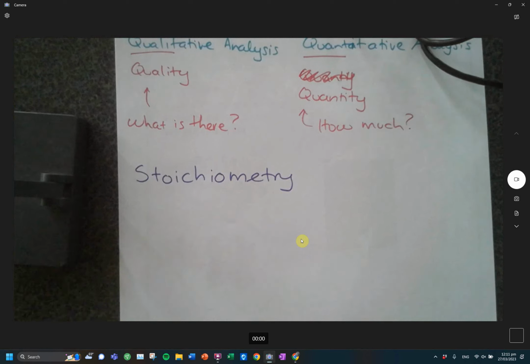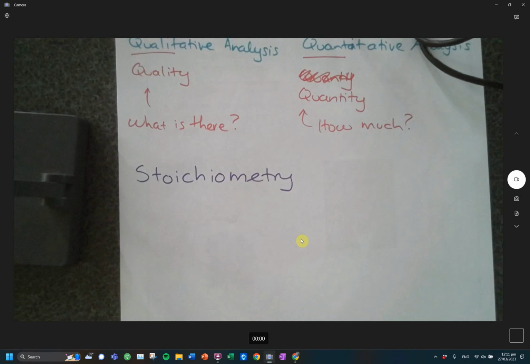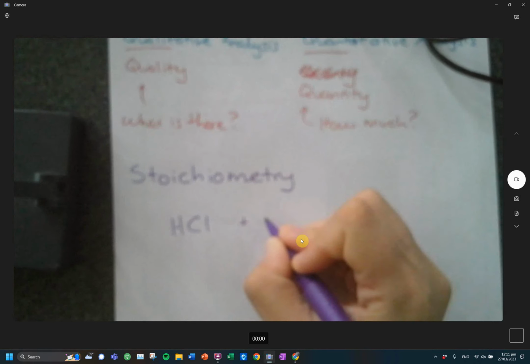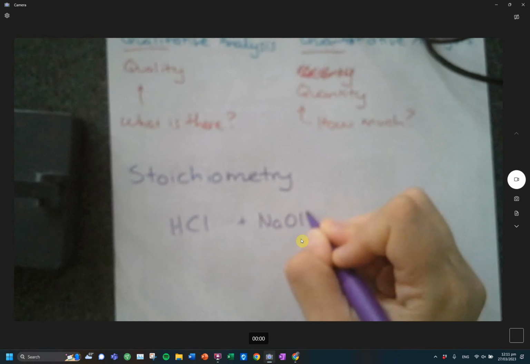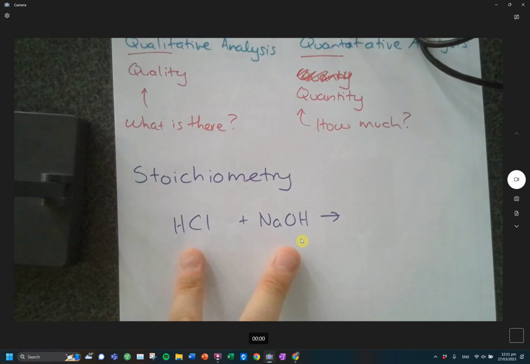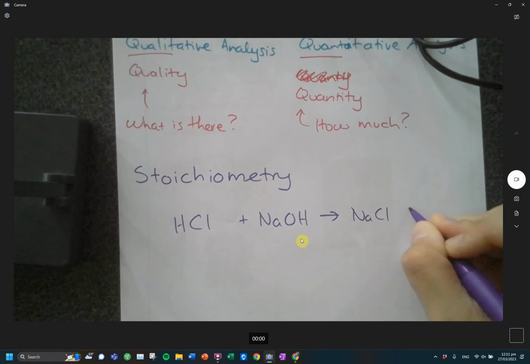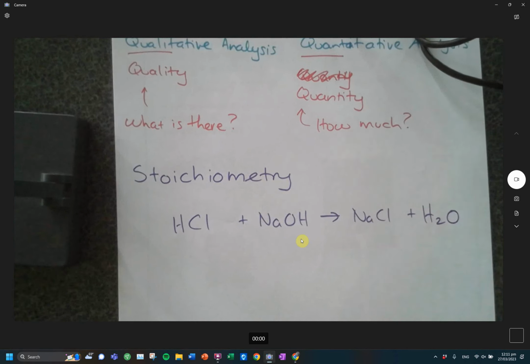So the way stoichiometry works as a quantifying mechanism is you have a chemical equation. Say, for example, I'm dealing with an acid and a base, like hydrochloric acid and sodium hydroxide. When those neutralize each other, I would get sodium chloride and water.